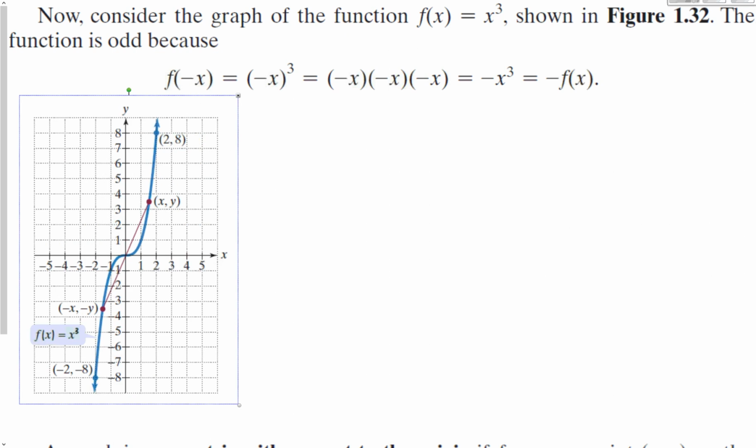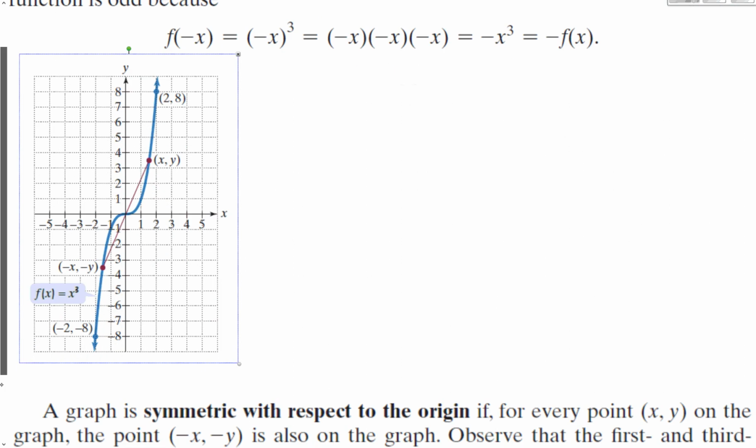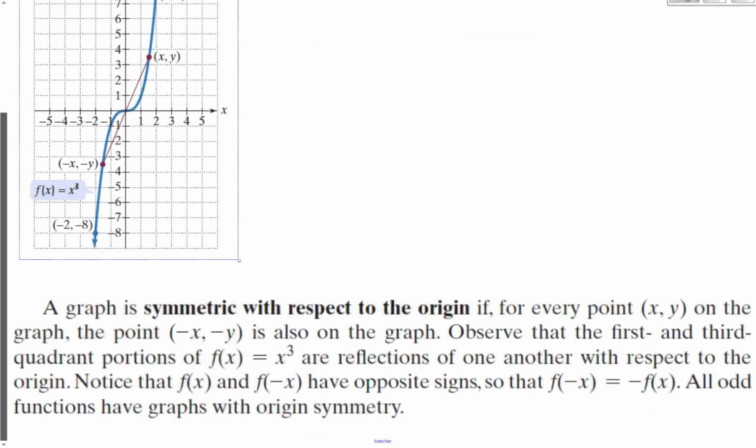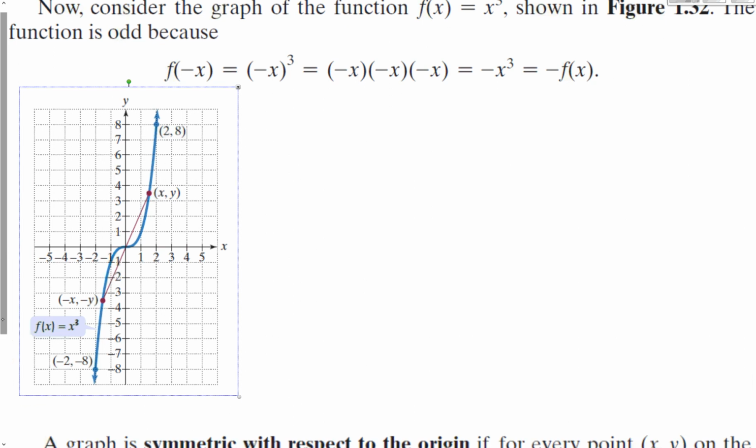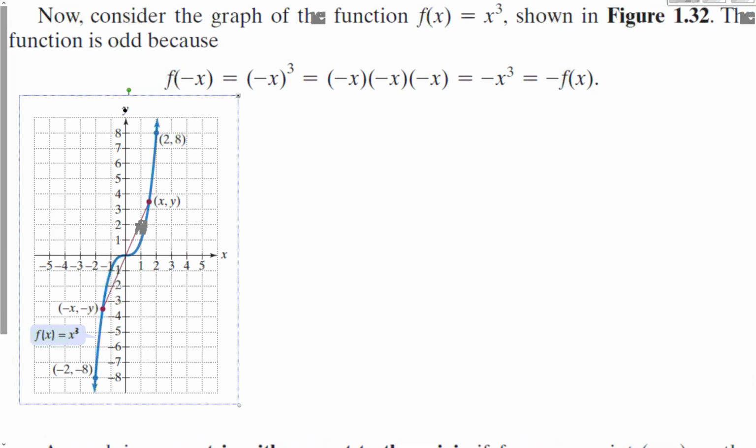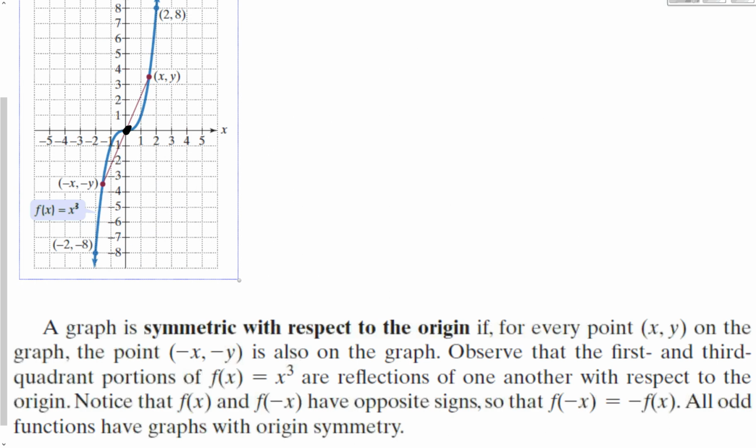This is called being symmetric with respect to the origin. Every point on the graph x, y also will have its counterpart, negative x, negative y, also on the graph.